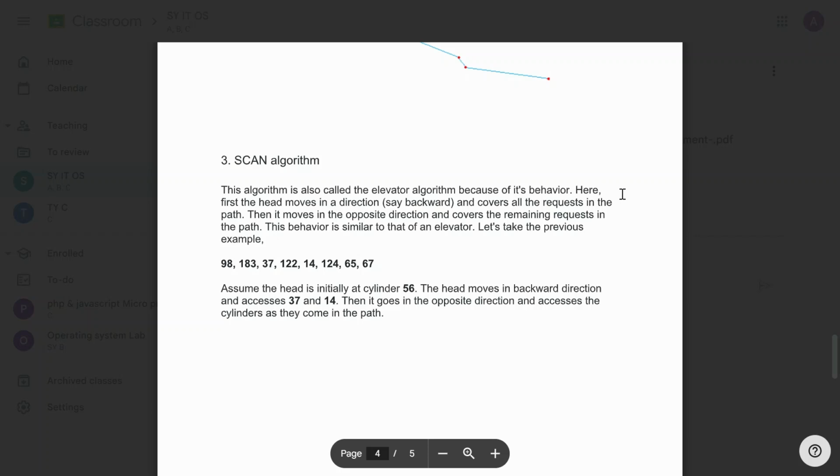Let us take the previous example, the same example here. Assume the head is initially at cylinder 56. The head moves in the backward direction and accesses 37 and 14. Then it goes in the opposite direction and accesses the cylinders as they come in the path.